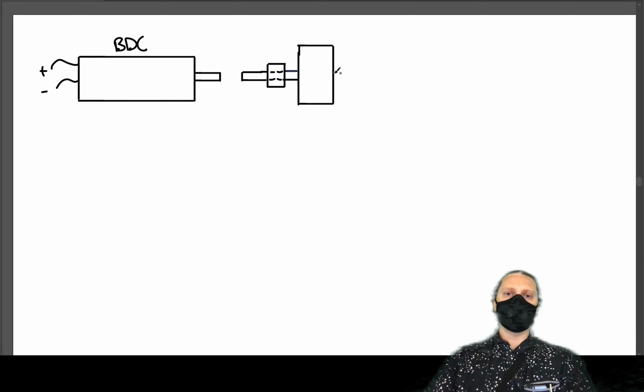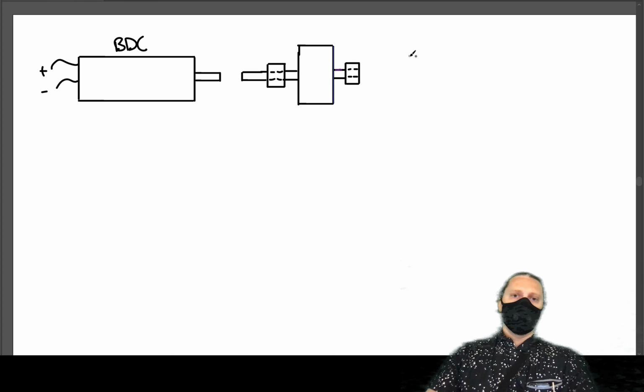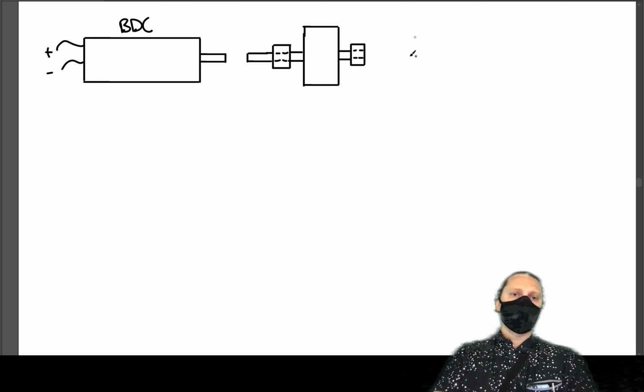But for now, we'll just say it's a flywheel. And there's maybe a bearing on this side as well. So we'll put the bearing in here. And that'll be the termination of this shaft. So these two shafts are going to get coupled together with a shaft coupler.